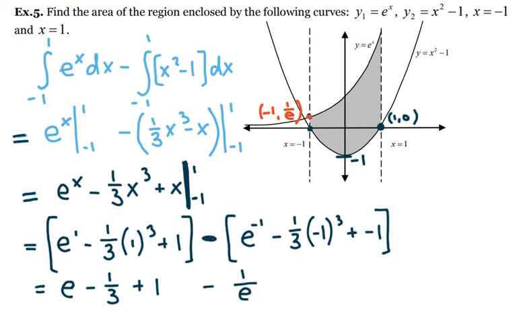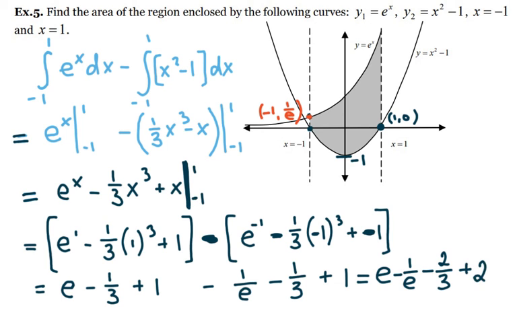Then I have a negative, a negative, and a negative, so that will give me a negative 1/3. And for the last one, I have a negative and a negative, so I only have two negatives, which gives me a positive 1. So the final result is going to be e minus 1 over e, and then we have negative 2/3 and plus 2.